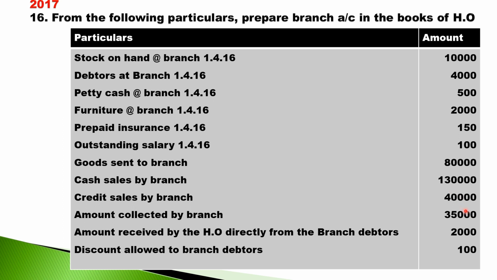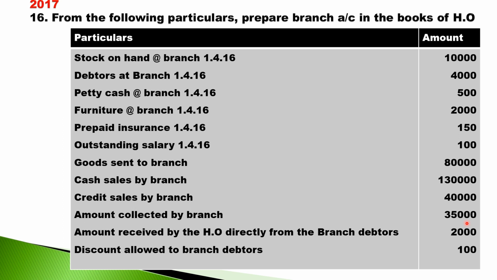Credit sales by branch 40,000, note, it will not come in branch account, it will come in debtors account. Amount collected by branch will come in credit side. Whatever amount the branch collects should be remitted to head office.